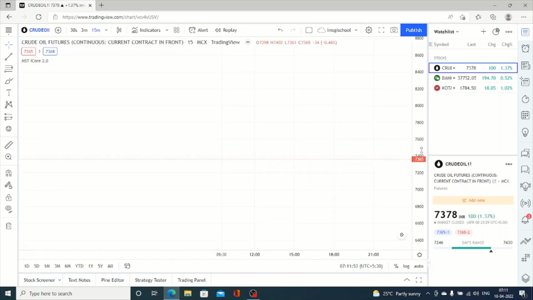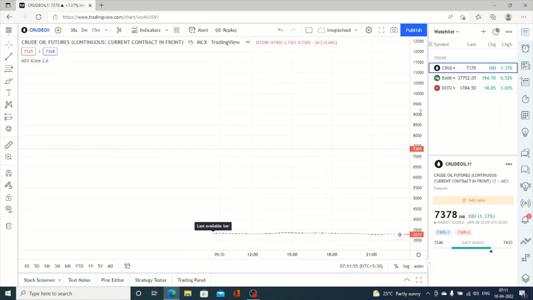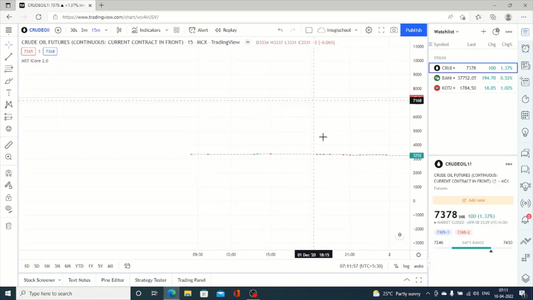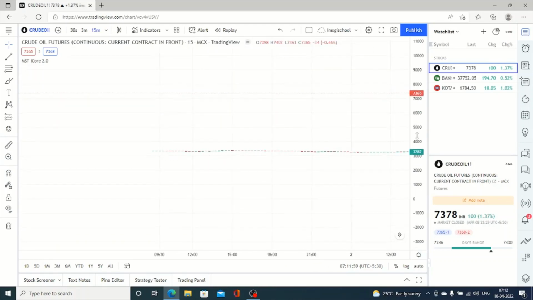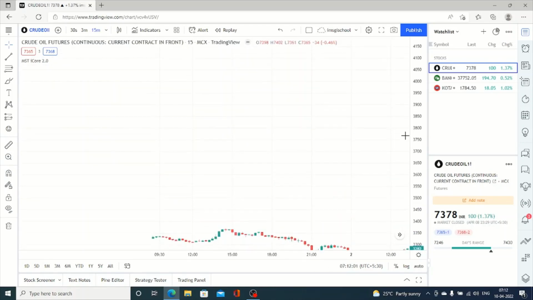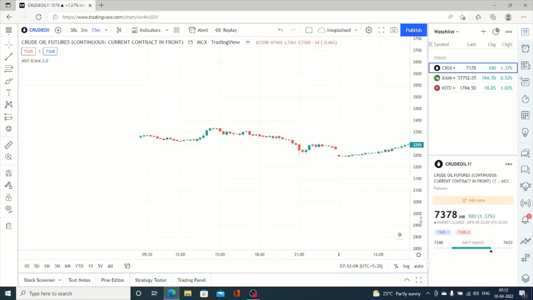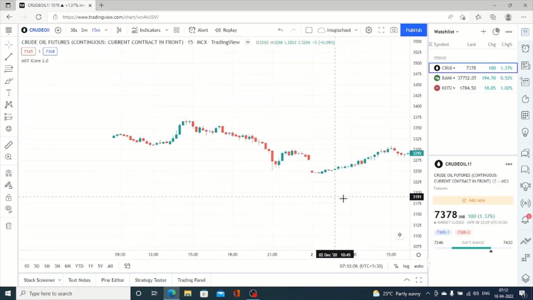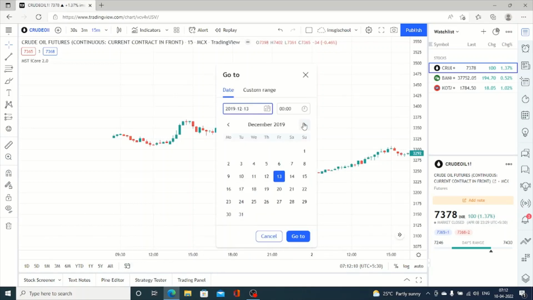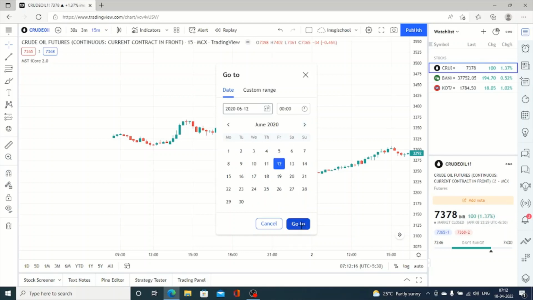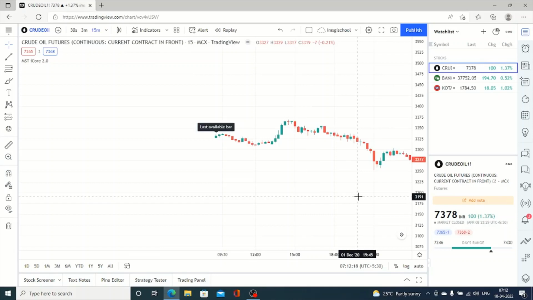That time where was the market, I think 3000. See here. Not available. I will choose some other date. This is the last available bar.